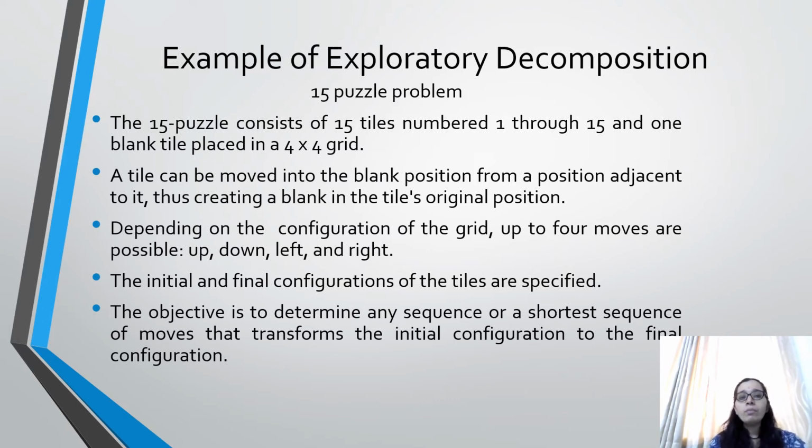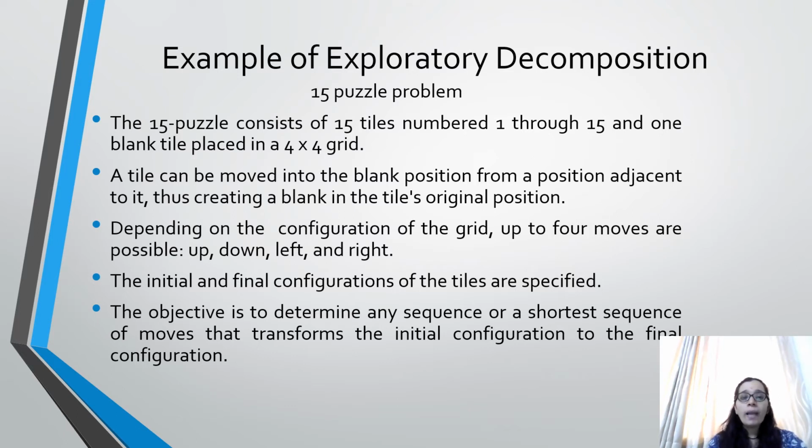Now what is the 15 puzzle problem? It consists of, as the name indicates, 15 tiles, and the tiles are numbered from 1 to 15. And there will be one blank tile that will be placed in a 4 by 4 grid. As it is a 4 by 4 grid, there will be a total of 16 tiles. So among these 16 tiles, one tile will be blank.